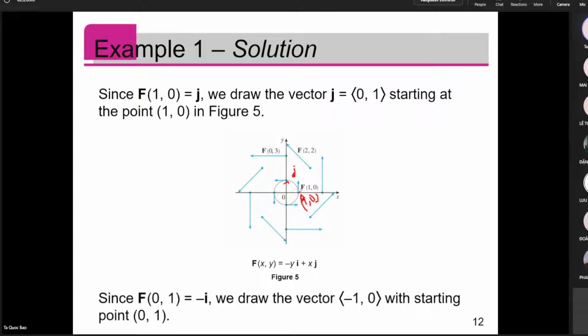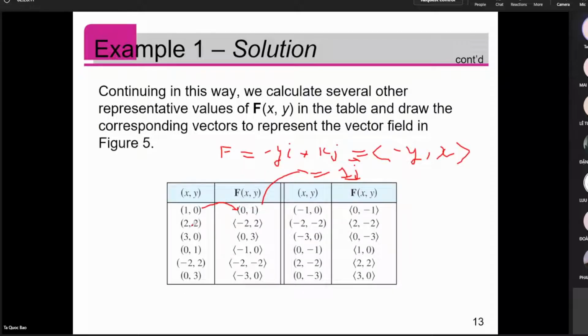Therefore, we can represent the vector F(1, 0) like this, and the length is 1, right? So similarly, what happens if (x, y) is (2, 2)?